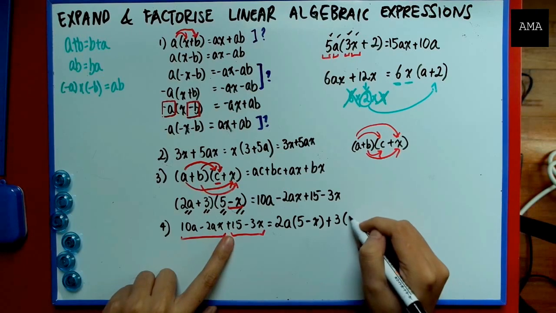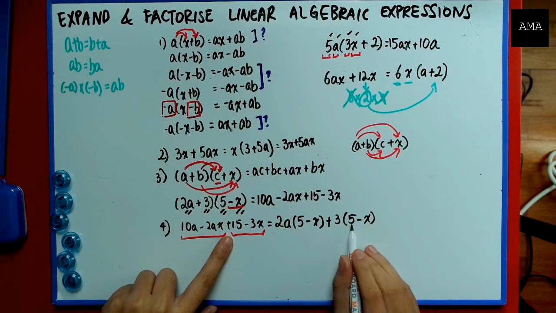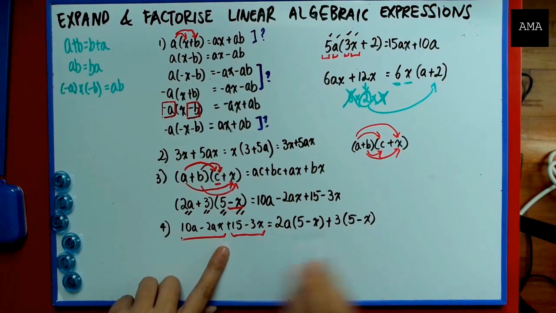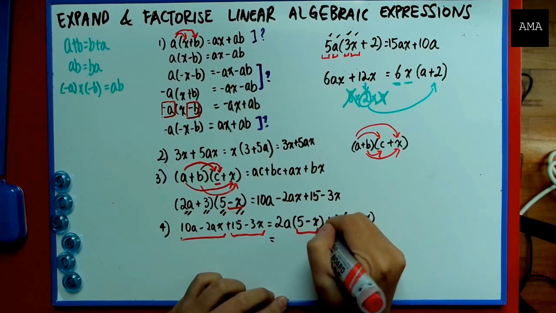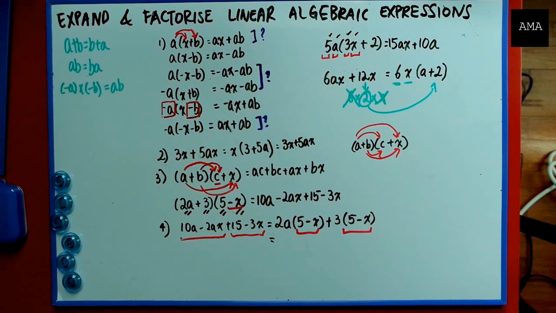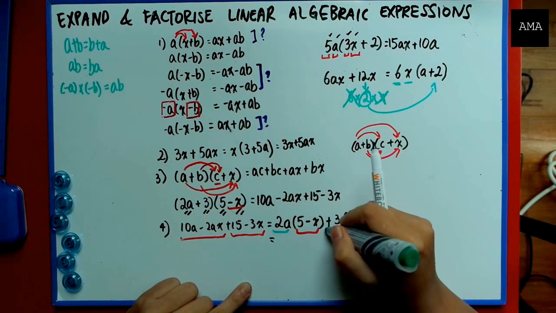So again, I get 5 minus x, 15 minus 3x. So always double check, okay? So can you see something very interesting happening here? This and this is the same. So the next step you have to do is to simply add up this one and this one.